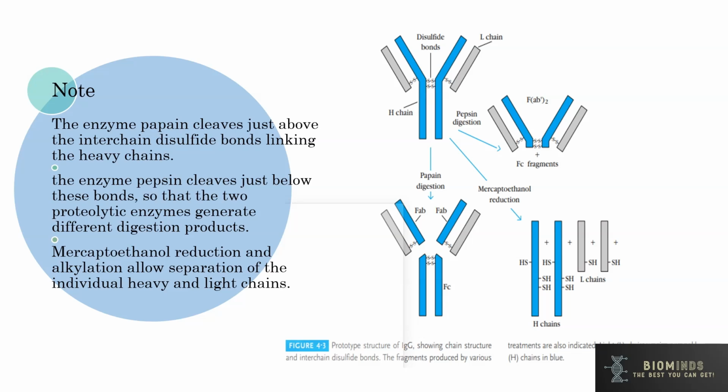In pepsin digestion, you get this entire Fab fragment together because it will cleave here, and the Fc fragment is separated into multiple fragments, so it is not recovered.